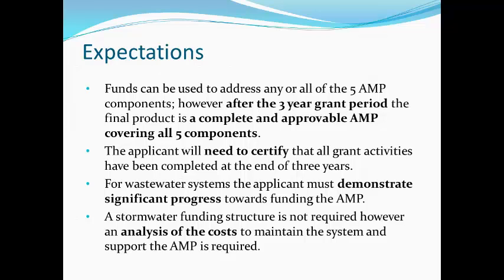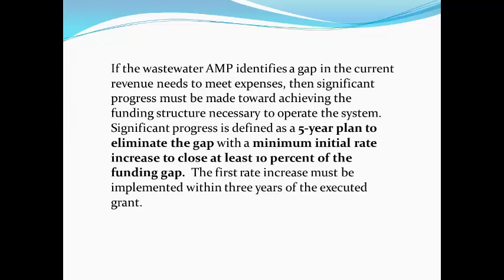Now that will entail a review of the rate methodology. With the stormwater system, there will be no rate methodology, so it's going to be important for the applicant to analyze the costs to maintain the system and support the asset management plan required. To determine significant progress, an applicant will, in the first 2.5 years of the grant period, submit their rate methodology to the revolving loan section's office.